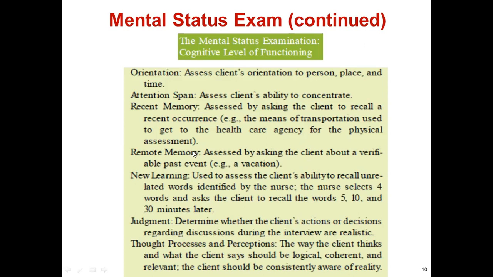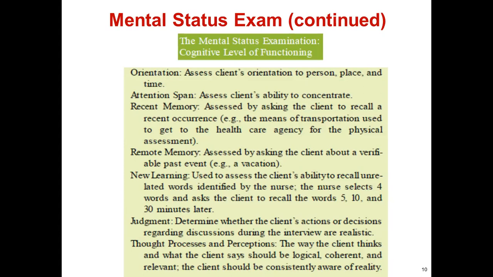Recent memory loss, remote memory loss. So recent memory is assessed by asking the client to recall a recent occurrence, like you ask what you ate at breakfast this morning, or what you ate for dinner last night.